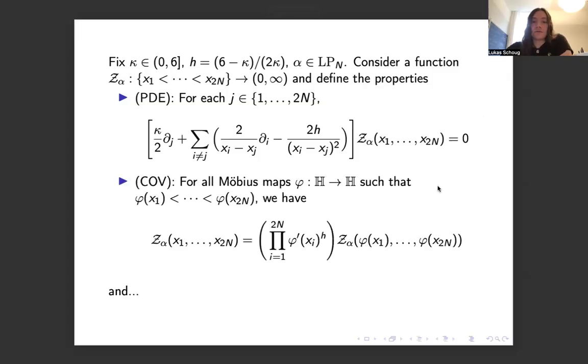And we have this conformal covariance property, which says that this Z alpha, if we replace x1 through x2n by phi of x1 through phi of x2n, then we get the same thing if we also multiply by the derivative of the conformal map at these marked points, and take the exponent to be this chosen h.